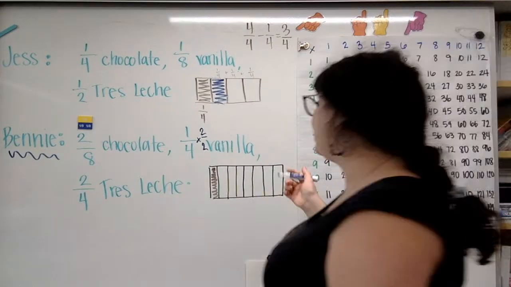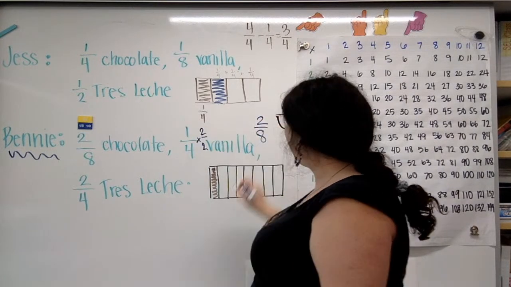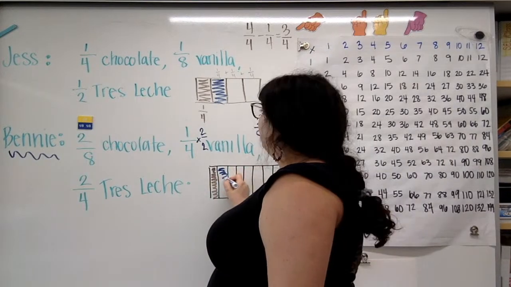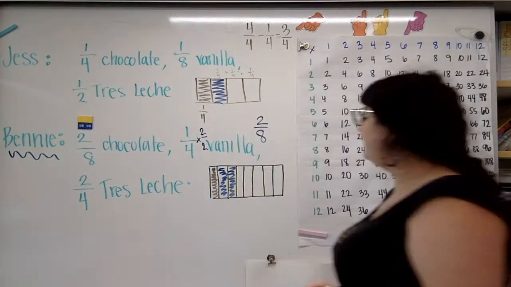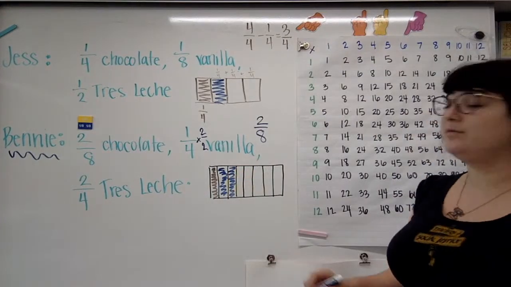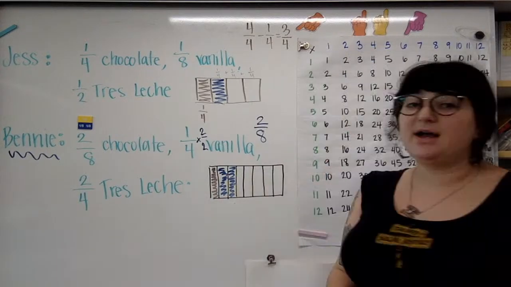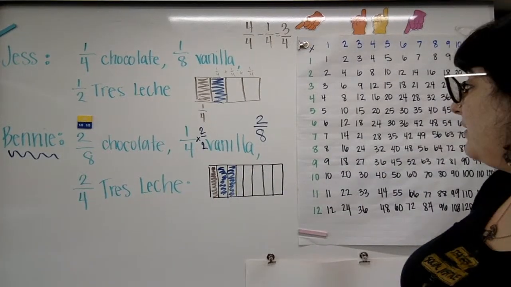It really doesn't. So that's going to equal 2/8. So I'm going to represent that Benny ate 2/8 of the vanilla. Or, as we know, 2/8 is equivalent to 1/4. So that really was 1/4 that he ate. Okay. Woo!